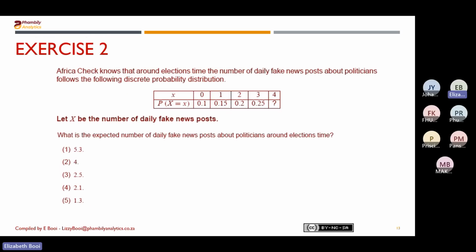This one asks you to calculate the expected value. Remember the expected value, which is the mean.